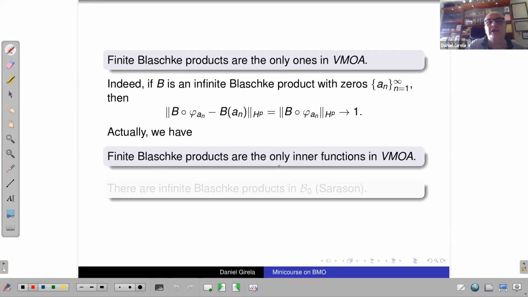What we need to use here is that if we have a non-constant inner function, then it takes arbitrarily small values. Using an argument more or less like this, we can extend the result, considering not Blaschke products but inner functions. The finite Blaschke products are the only inner functions which lie in there.